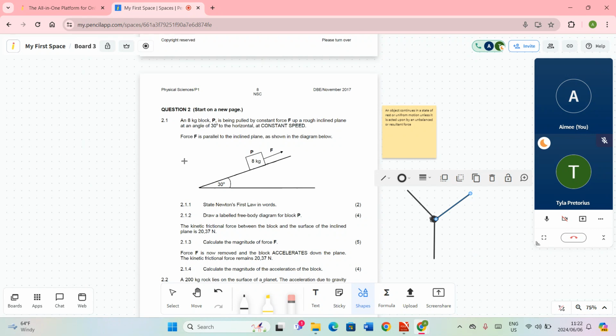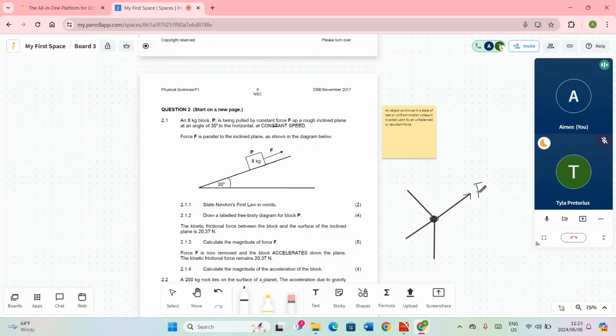And it has frictional force because it says a rough inclined plane. If it said a smooth surface, it meant no friction. If it says rough, it means there is friction, and friction always goes in the opposite direction. It says that it's being pulled at a constant force up the rough inclined plane. So you know friction needs to go in the opposite direction to motion.